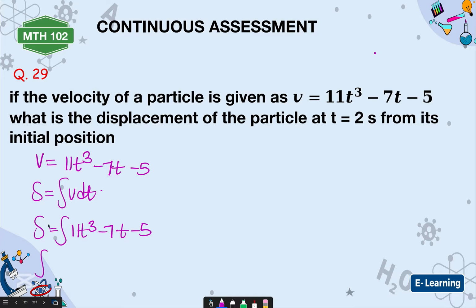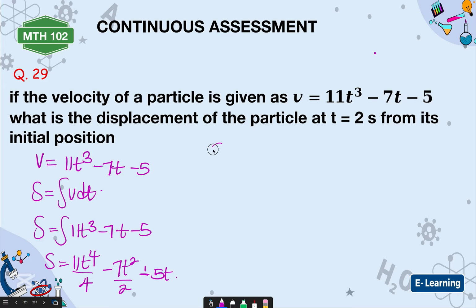So our displacement will be the integral of 11t to the power of 3 minus 7t minus 5. So your x, which is your displacement, when you integrate this, will give us 11t, 3 plus 1 is 4, divided by 4, minus 7t, 1 plus 1 is 2, divided by 2, minus 5t. Are you getting it?